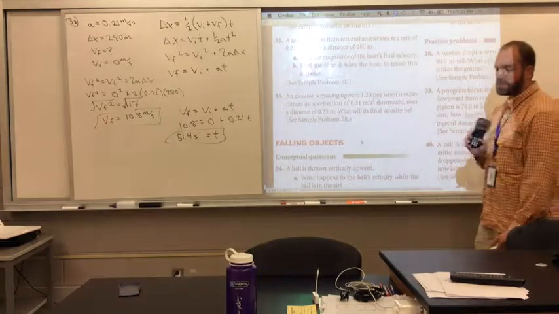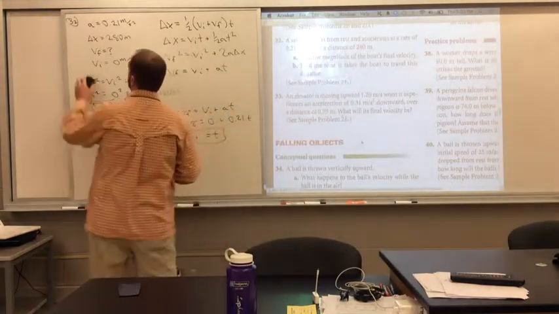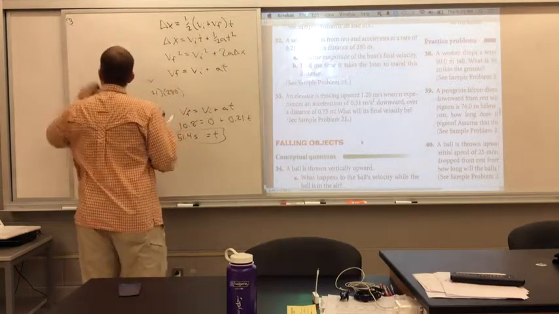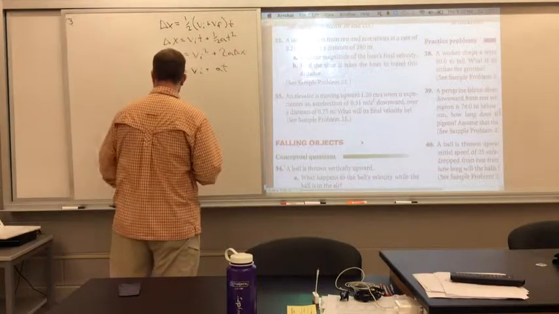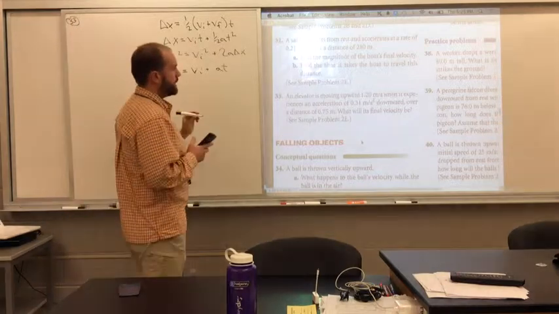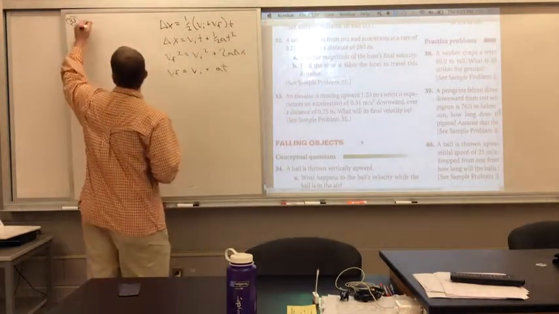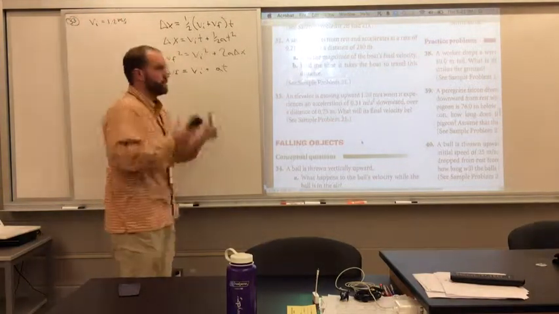All right, and last but certainly not least, number 33. An elevator is moving upwards at 1.2 meters per second. Its initial velocity is 1.2 meters per second, upwards, positive.